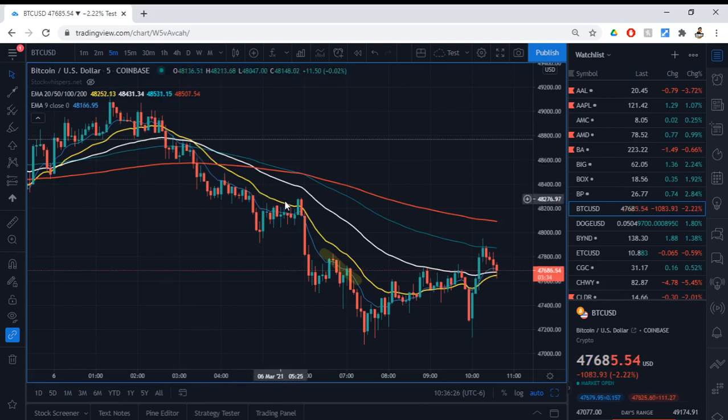On the 20, in a downtrend, it's going to bounce off a lot fewer times. While you have the 20 here and it only touched 2 times, on the 9, it's always touching.